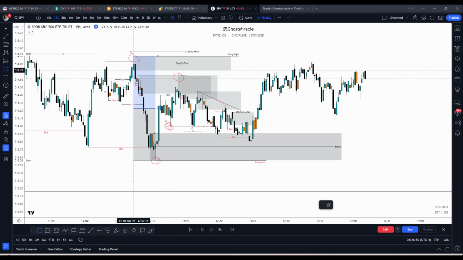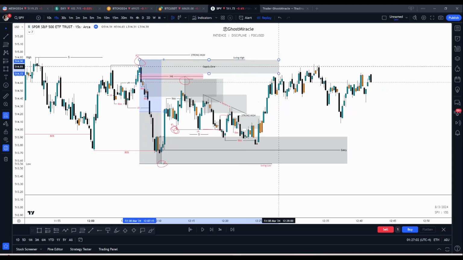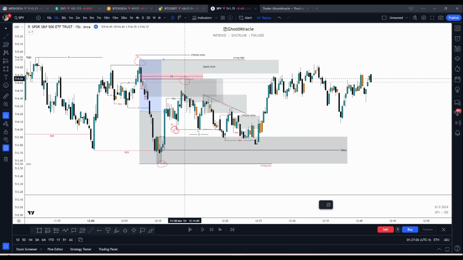So again, this high, I just saw it. So this high only mitigated, tapped into this imbalance here, right? But it never tapped into this supply, which led to it being broken later on.